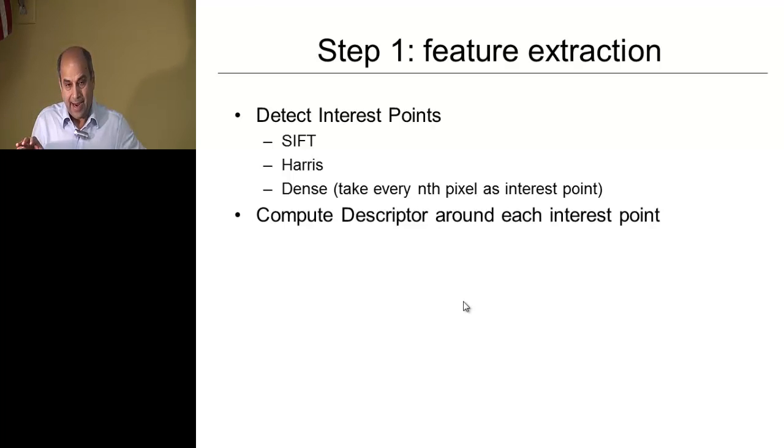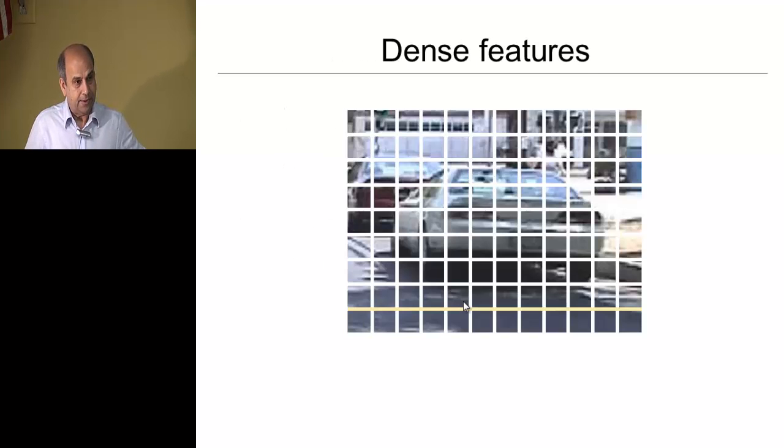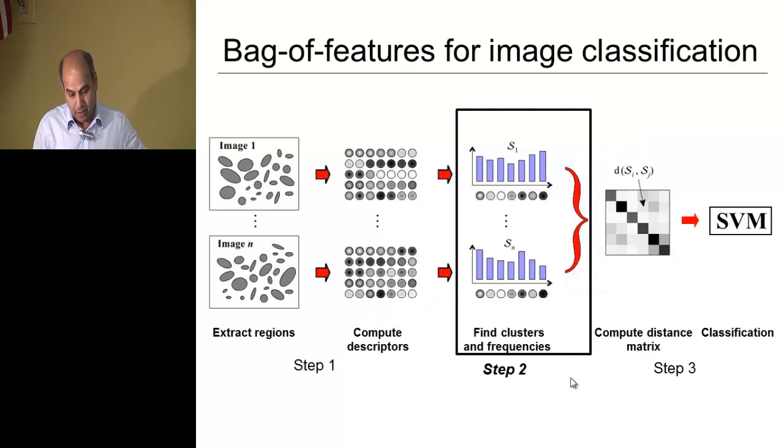Then for each interest point, compute a descriptor, which you know, HOG or SIFT. So you are done. These are dense features. You take an image, you say every 5th pixel, you take a window, that's my interest point, this interest point, all these, that's it. It actually works better than the Harris detector, and then find the descriptor of that. So that's what we have.